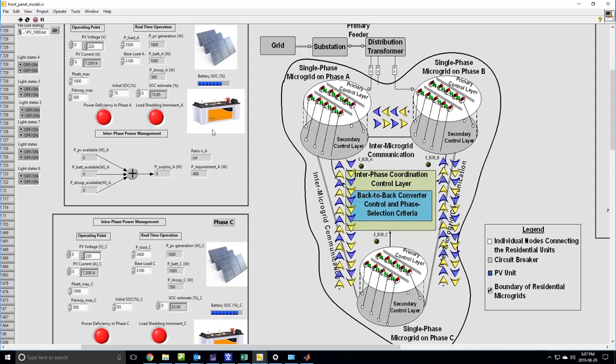Also for demonstration purposes, there is no power transfer between the phases in this case. No back-to-back converters will be enabled, and hence there will be a requirement for the load shedding to take place in this case.